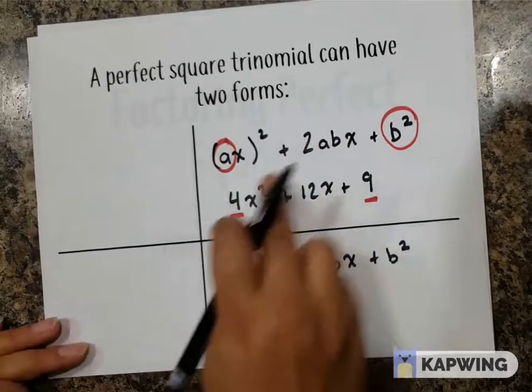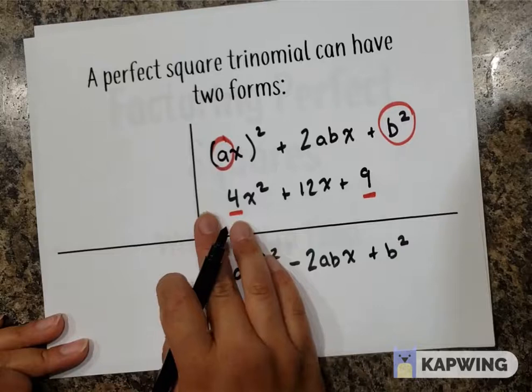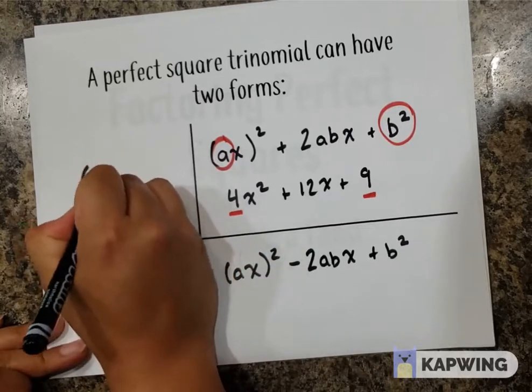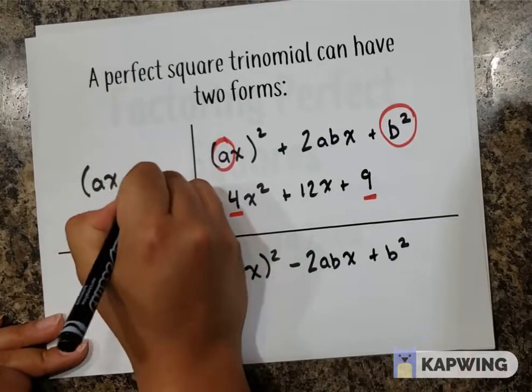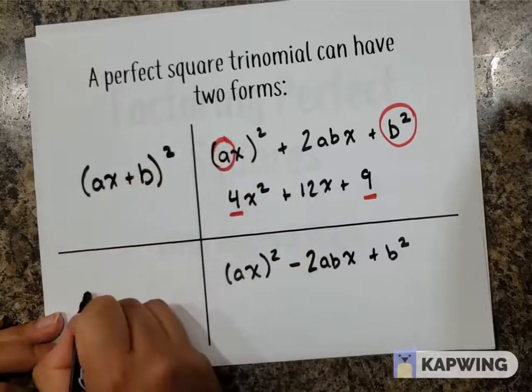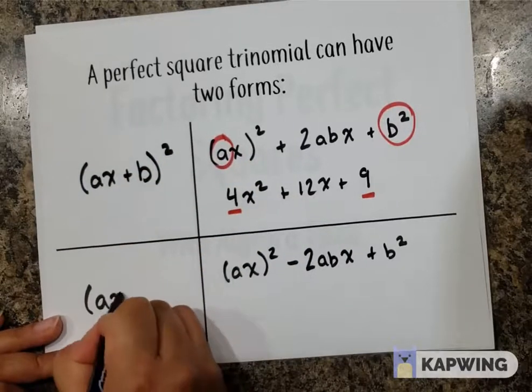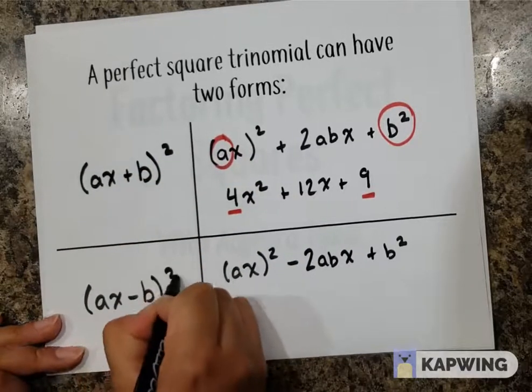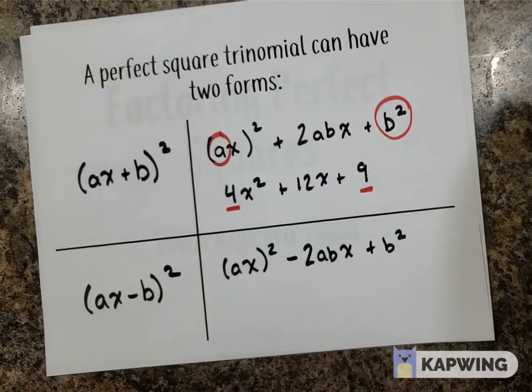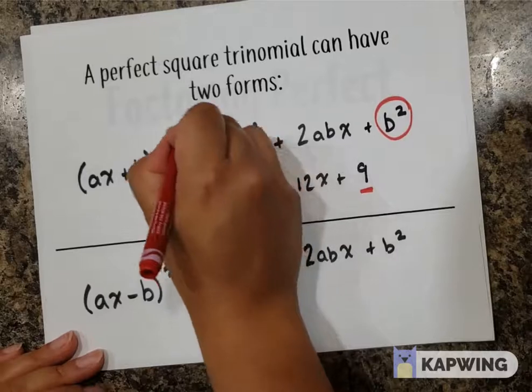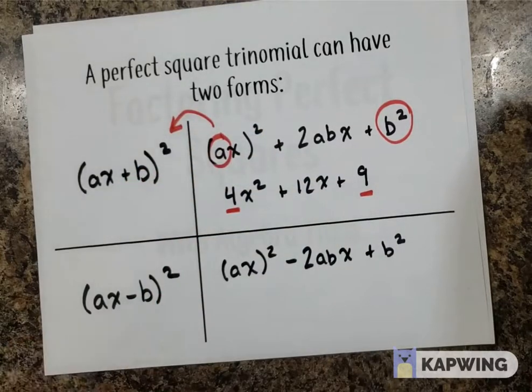So when you factor these things, what it's going to look like is something like this: ax plus b squared, or ax minus b squared. So we're going to be taking something that looks like this and making it like this.